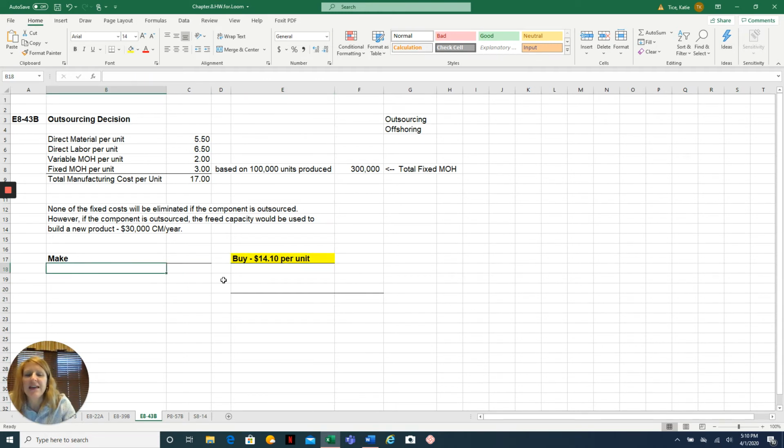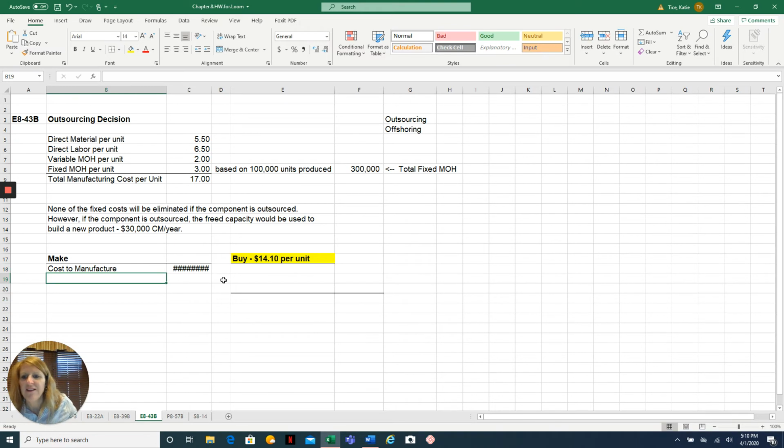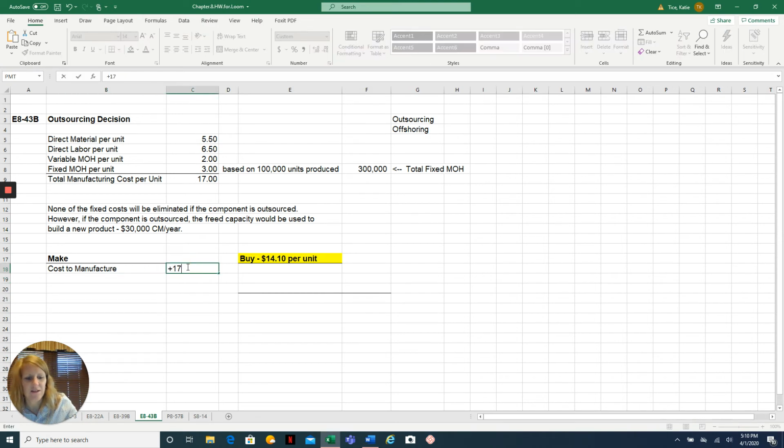If we make the product, the cost to manufacture is 100,000 units times $17 per unit. So our total cost is 1.7 million. So that's the cost to manufacture.